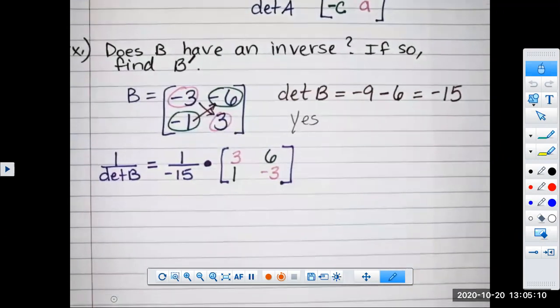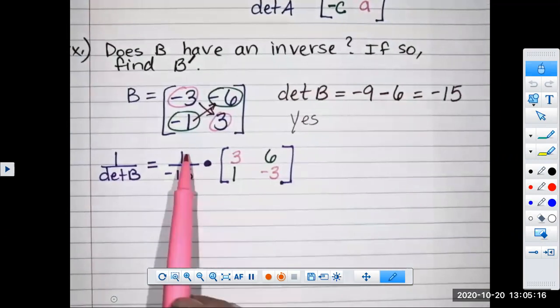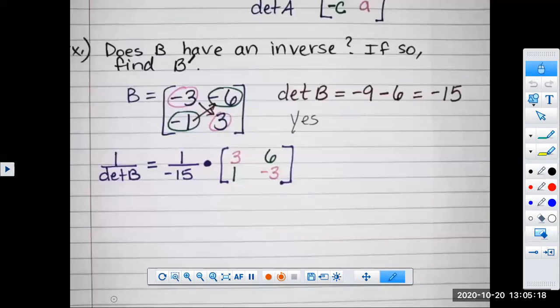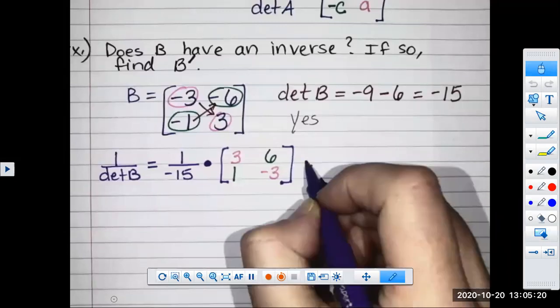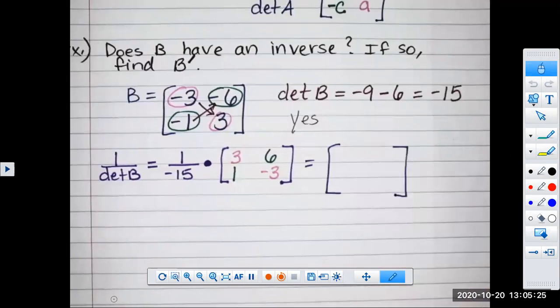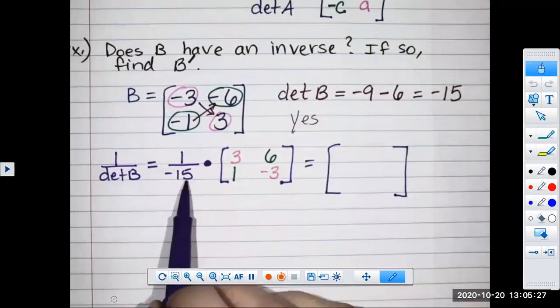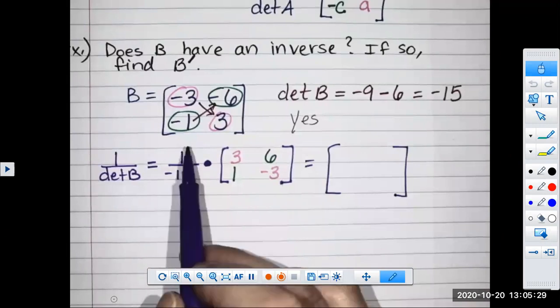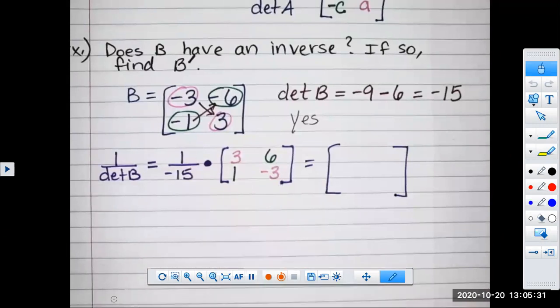And then I have to multiply. This is where it gets gross. Typically, when you're finding the inverse of every matrix, you're going to be multiplying by a fraction. So just distribute -1/15 to every number. So -1/15 times 3, what does that become?